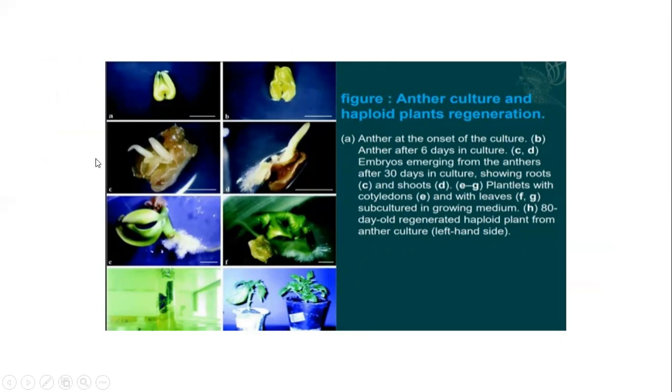These are embryos emerging from the anthers after 30 days, and this is the shoot and root generated from the anthers, and this is the plantlet with cotyledons and leaves. These are the leaves, and this is the subculturing of the plantlets into growing medium, and this is the 80 days old regenerated haploid plants from anther culture.